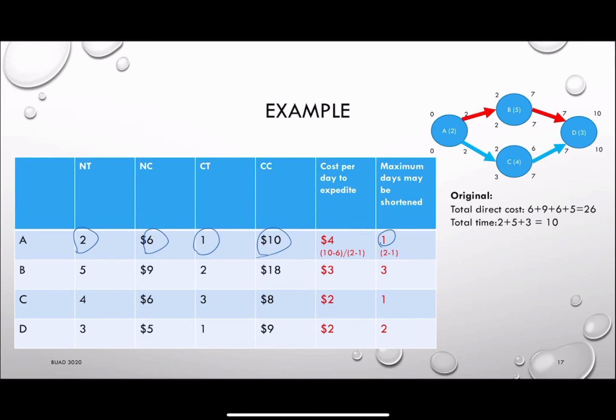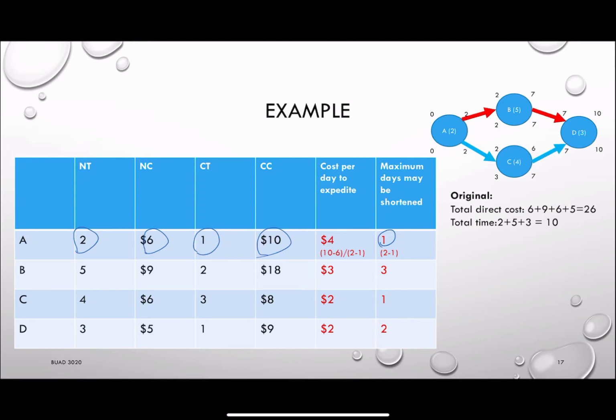So originally, my total direct cost will be $6 plus $9 plus $6 plus $5. That will be 26. However, the total time will be the duration of those critical activities.